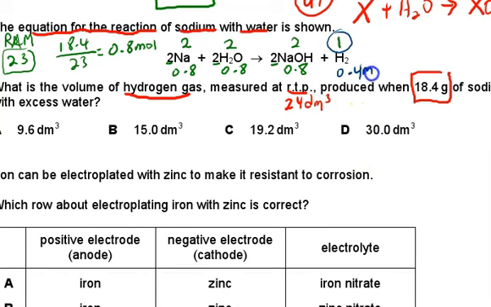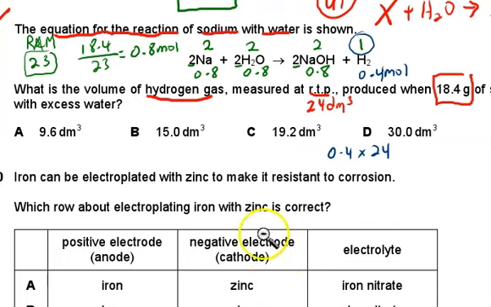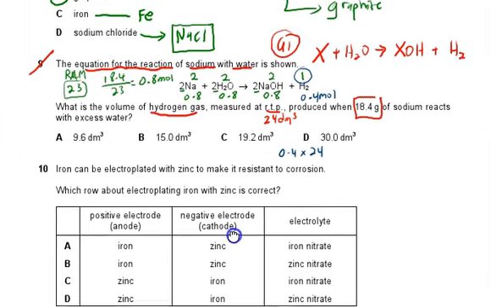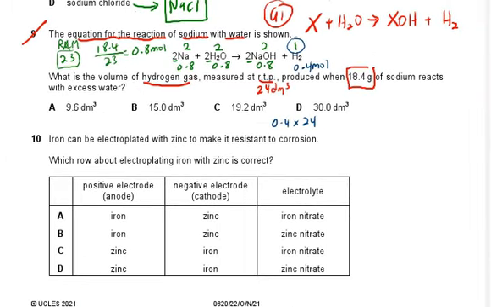So 0.4 mole multiplied by 24, and we will be getting 9.6. So this is your answer.